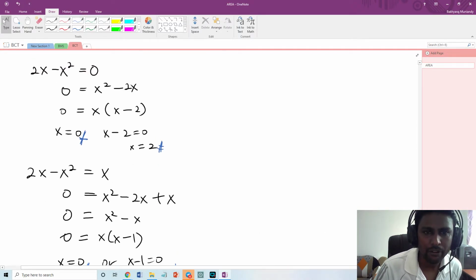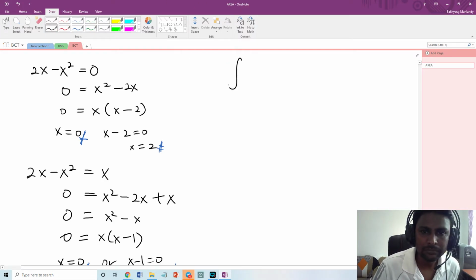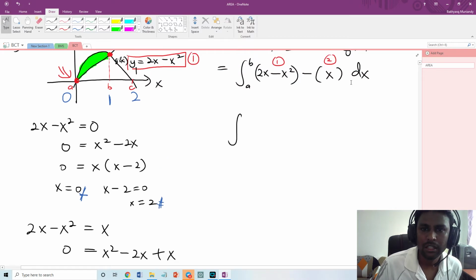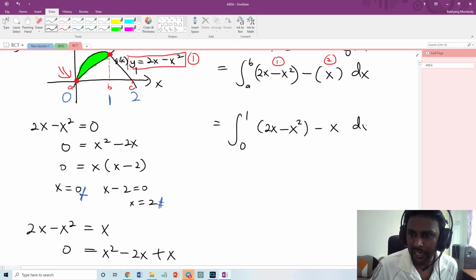So integration will give me what? So integral, 0 to 1, equal integral 0 to 1 of 2x minus x square minus x dx.